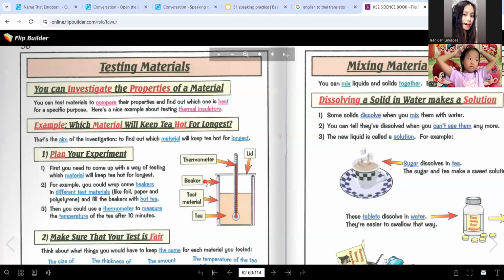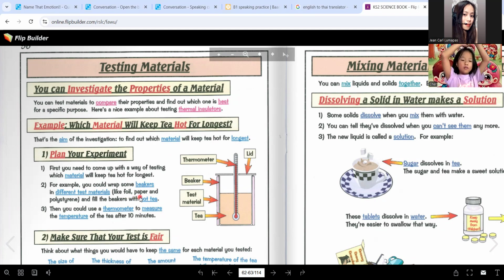Okay. What are the materials that we will test if they can keep the tea hot? What are those materials? We have foil, paper, and polystyrene.